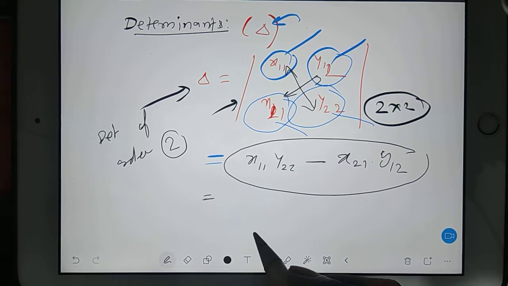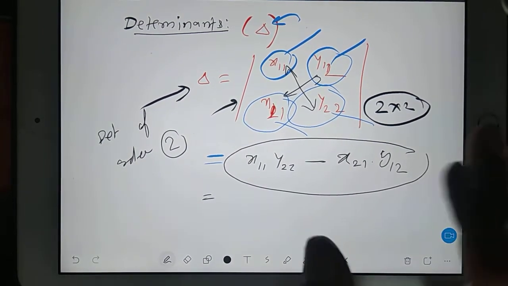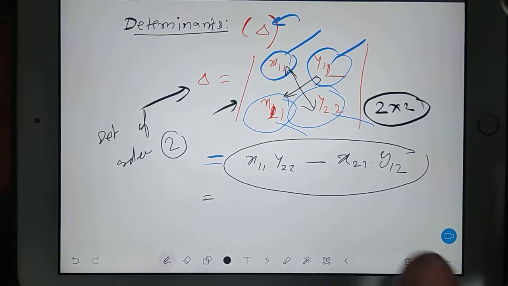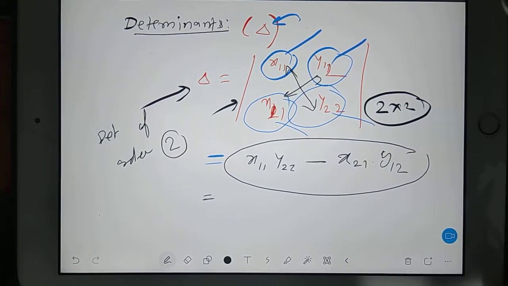Now if we have a larger matrix, like a matrix with 9 elements, then in that topic we can understand what is called a minor, what is called a cofactor, and what is called an adjoint. So I'm changing the page.